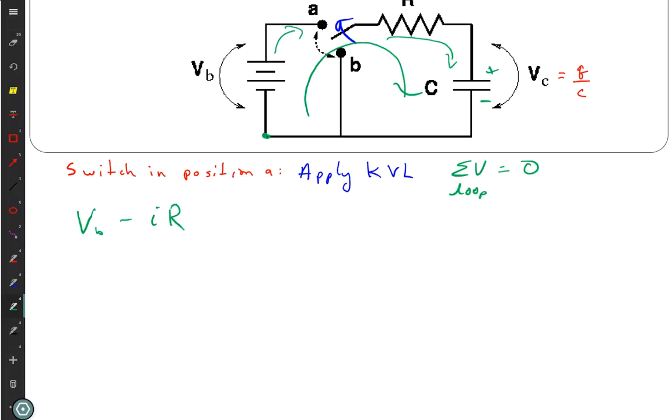The side that the current's going in is the side we're going to consider positive. The side it's leaving is the negative. And so the voltage across the capacitor, if I go from this side to this side, I'm going down, right? So I'm going to put minus V sub C for the voltage of the capacitor. I might have said Q over C, but I didn't want to.